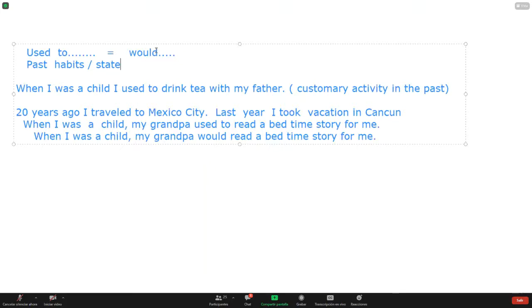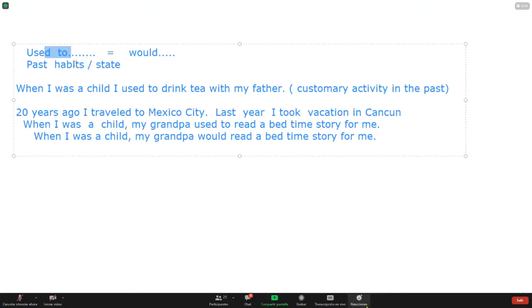So would is not applicable when we are referring to states, to situations that have probably changed for any reason. Is that okay? Yes. All right.